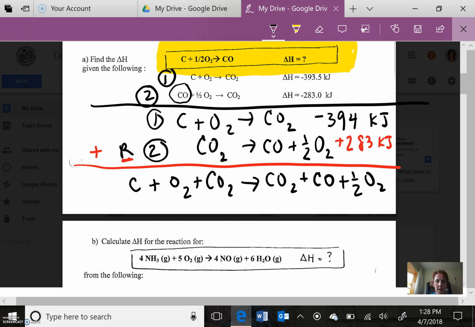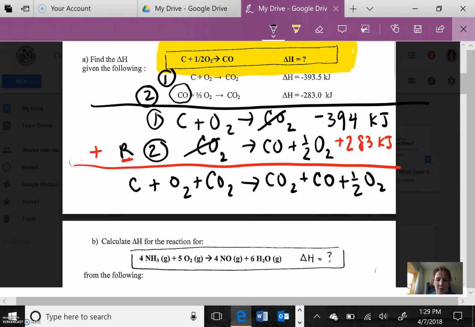All right, let's see. Now, I might want to simplify this. In fact, I could have simplified this before I added them together. Whenever you have the same element or compound on both sides, before you add them, you can subtract them out. It's kind of like when you have +4 on both sides of an algebra equation.